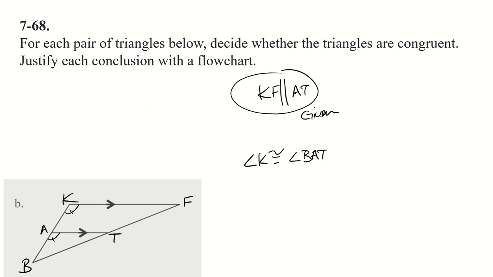And the reason why those are congruent is because those are corresponding angles. Corresponding angles are congruent if lines are parallel. Well, guess what? I've got parallel lines, therefore the corresponding angles are congruent.